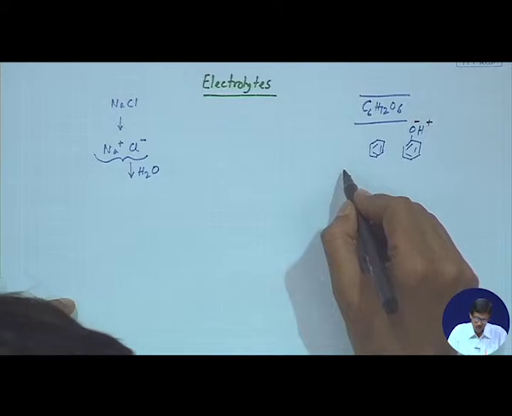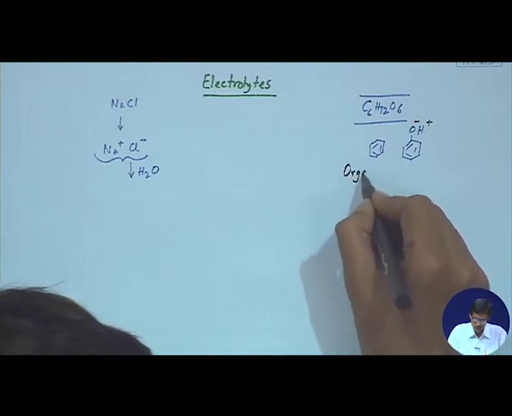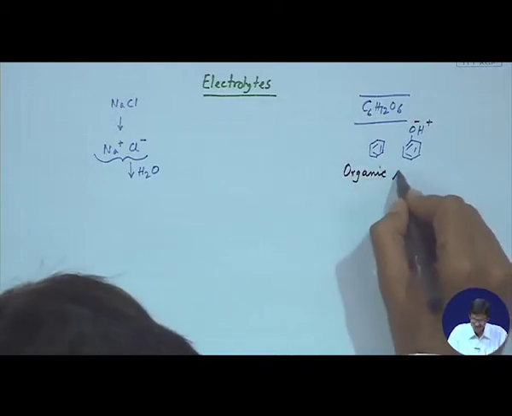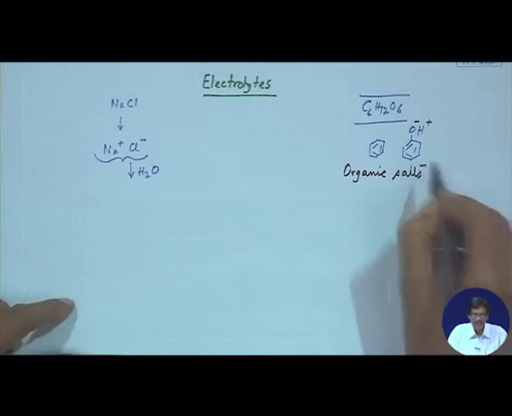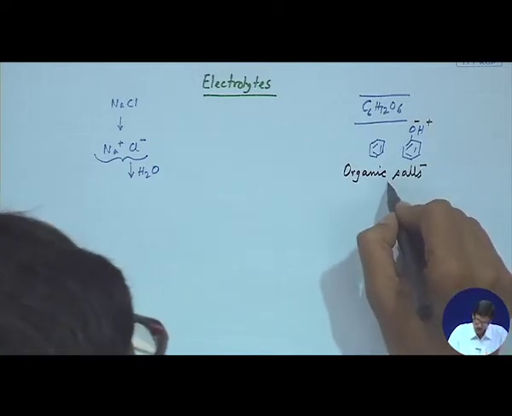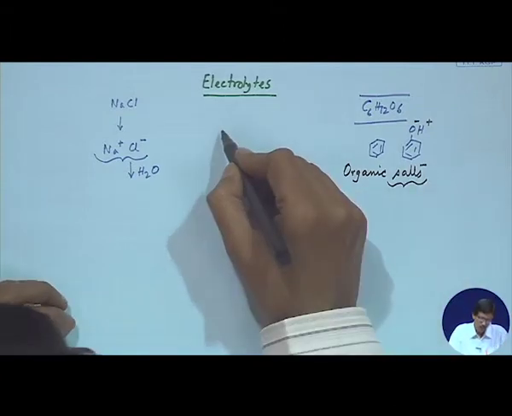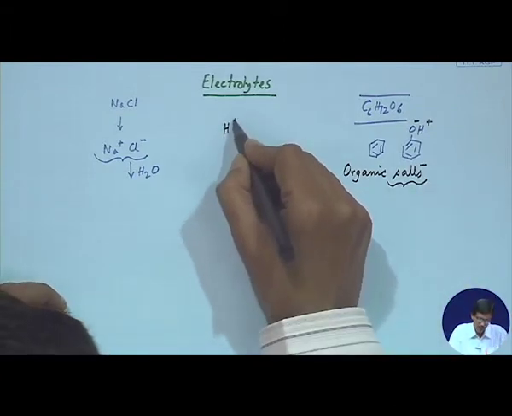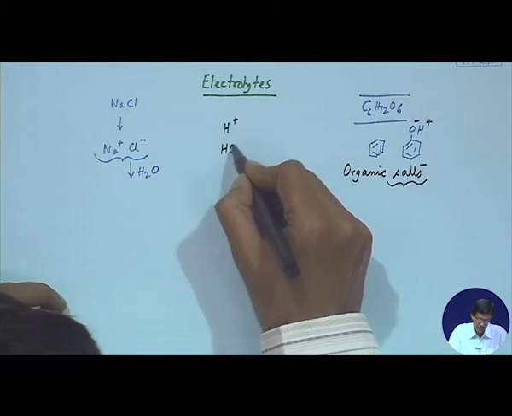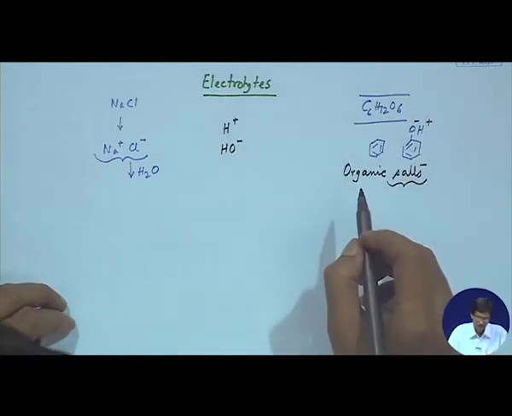Similarly, there are some organic salts, and we know the typical definition of these salts from our school days. So H plus and HO minus will come into the picture again.